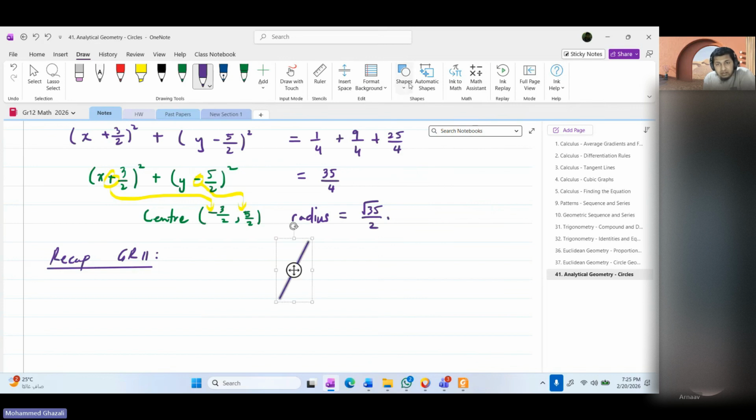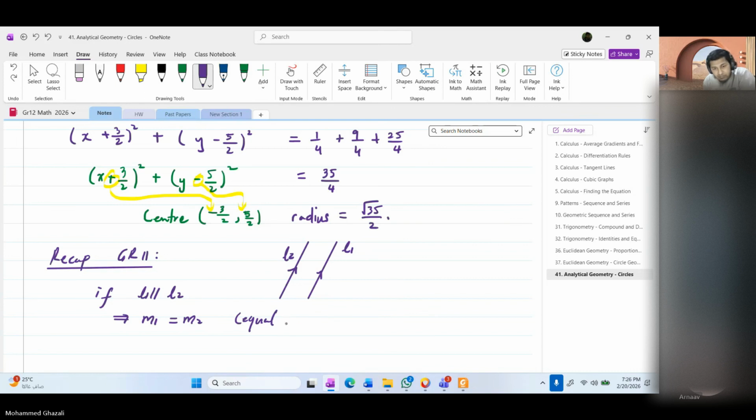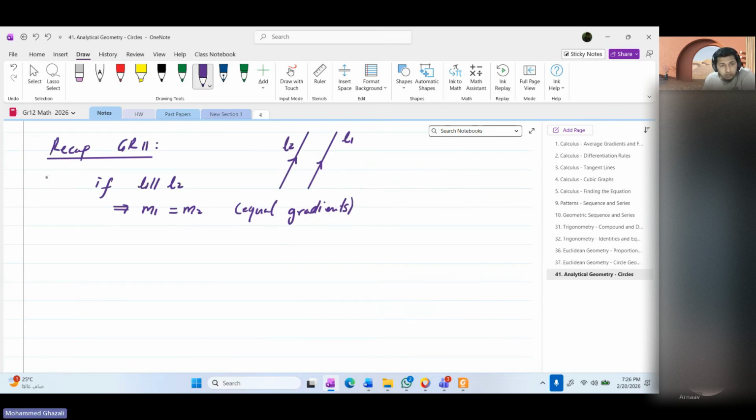Right, so we have parallel lines, line L1 and line L2. If L1 is parallel to L2, this implies the gradients are equal. M1 equals M2. Equal gradients or equal slopes. Right. Next, I'm going to do all the recap, right?